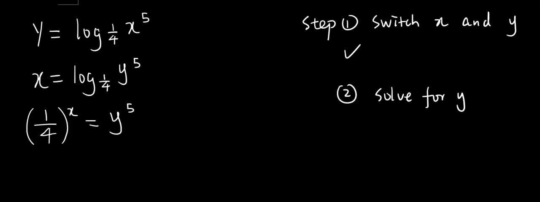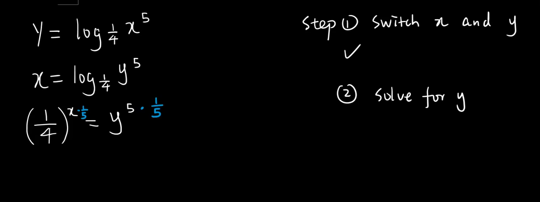Okay. Remember, you want to get y. You don't want to get y raised to the 5th power. Then how do you get rid of the 5th power? You can say I'm going to take the 5th root. The 5th root is just giving it a 1/5 power. 1/5 is the 5th root.